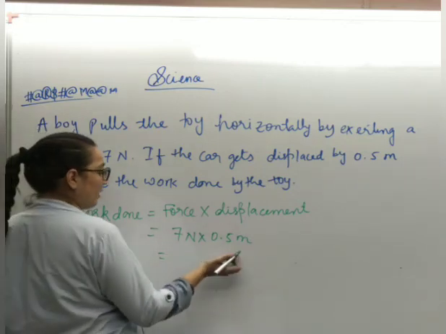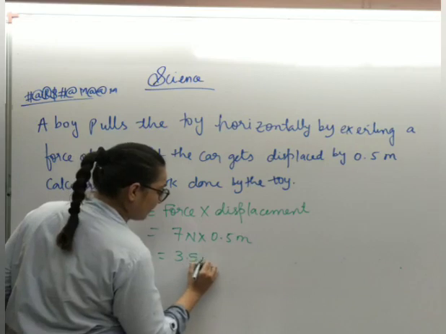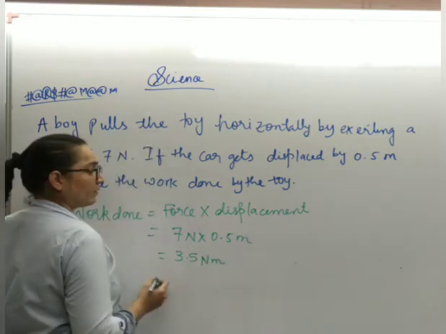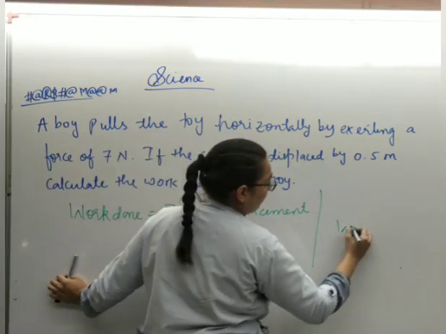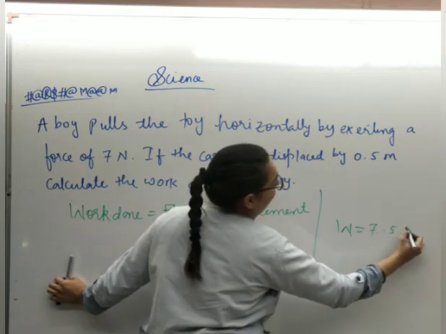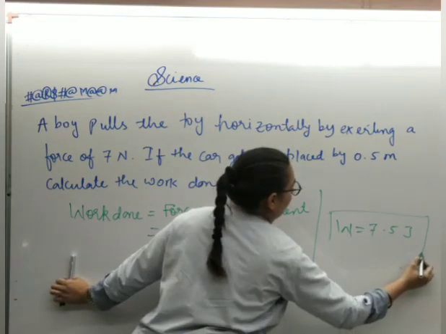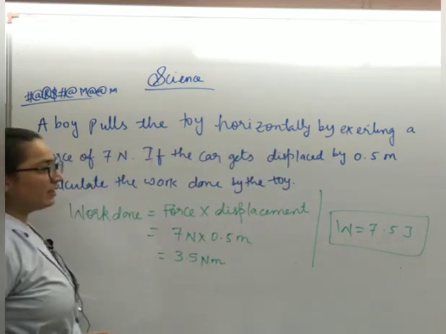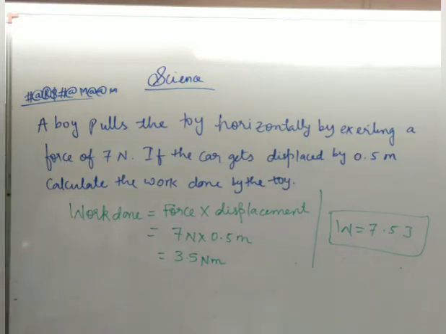So what is half of 7? So work done is 7.5 joule. Okay, note down this. After that we'll do the next numerical.